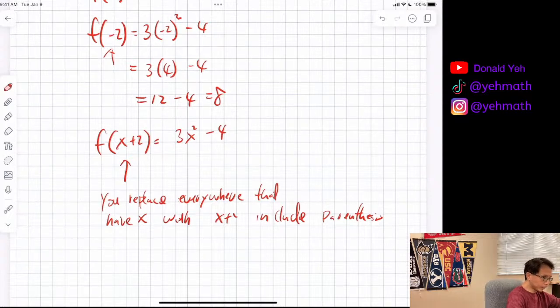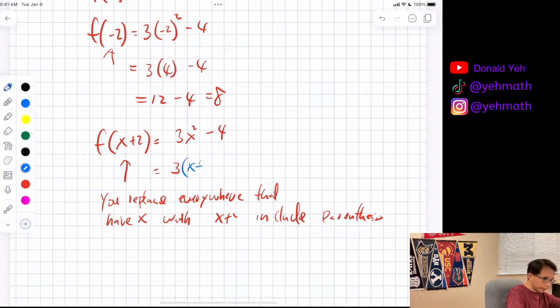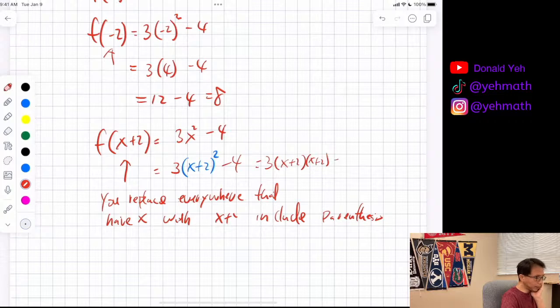So what does that mean? That means that for the 3 here, you must have a parenthesis here. Does that make sense? And you can expand them, but don't kill puppies right here, because it's not x squared plus 4. So it'd be 3 times (x plus 2) squared minus 4.